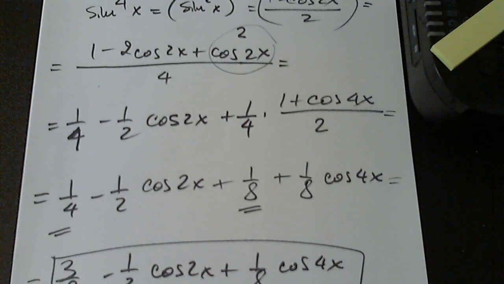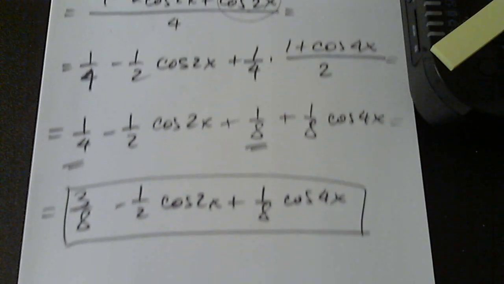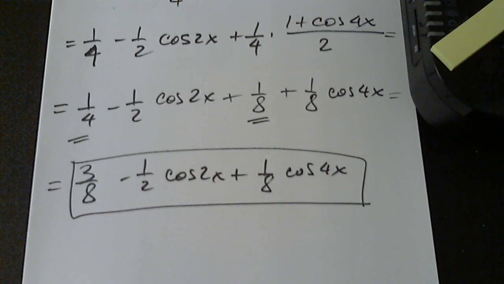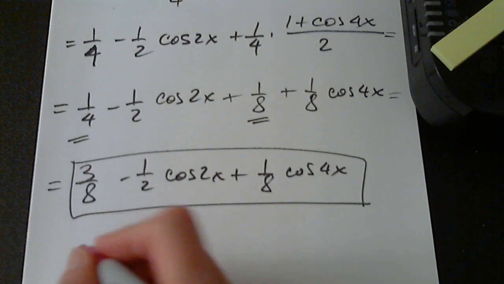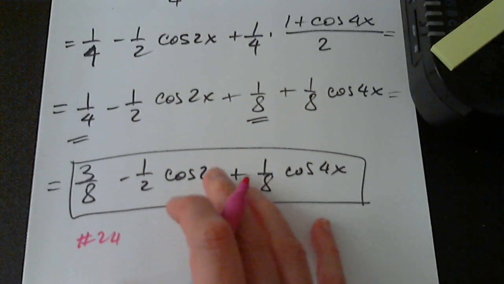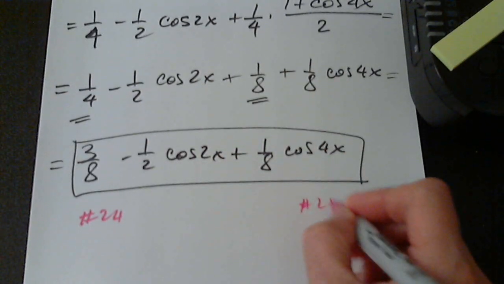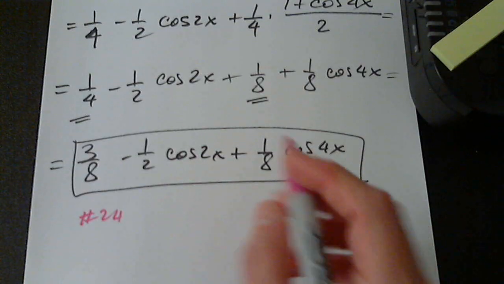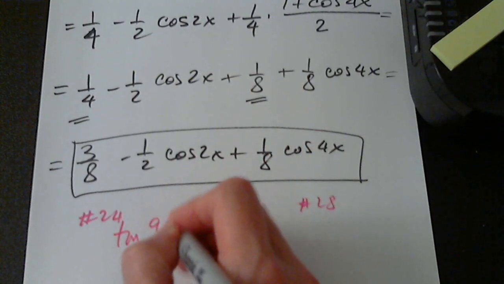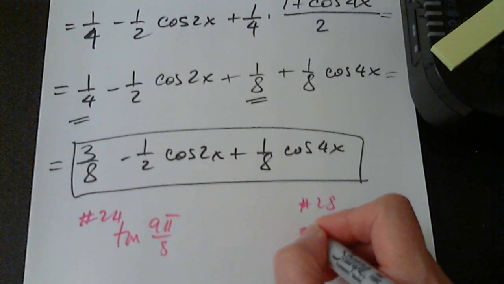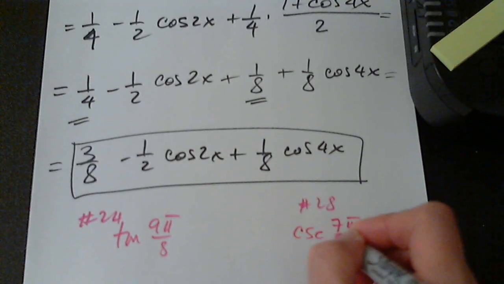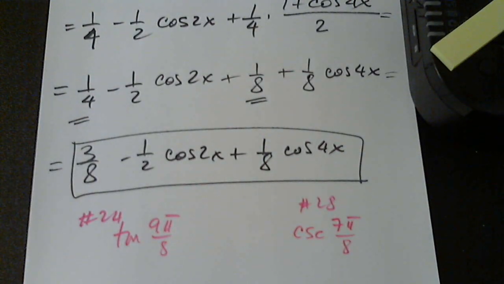Any preference? Can we do 28? Yes. I would like also to do 24, and we'll do also 28. Let me copy them here. Tangent 9 pi over 8, and the other one is cosecant 7 pi over 8. Perfect.